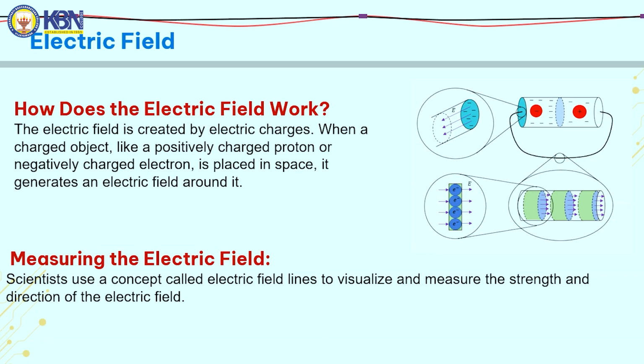Like charges repel and opposite charges attract. It's the same principle. Coming to measuring the electric field, scientists use a concept called electric field lines to visualize and measure the strength and direction of the electric field. These lines point away from positive charges and towards negative charges, showing the direction a positive test charge would move if you placed it at a particular point in the field.